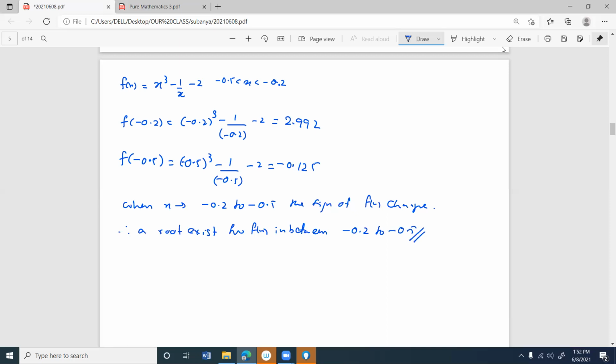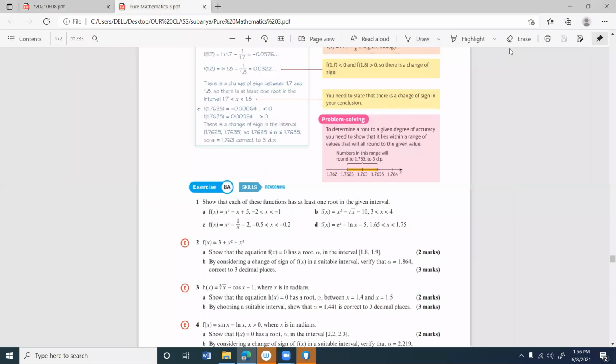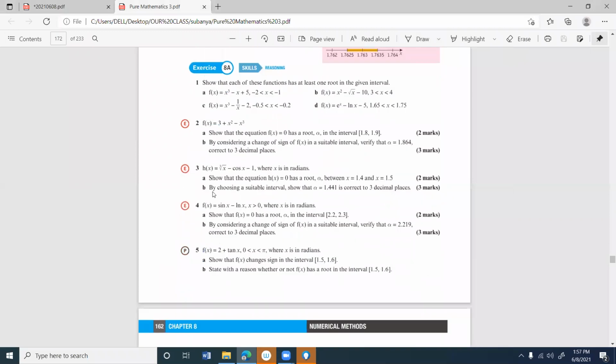That's a way of getting this answer. Right. Now that is how you need to do this kind of question. But let's see question number 2.